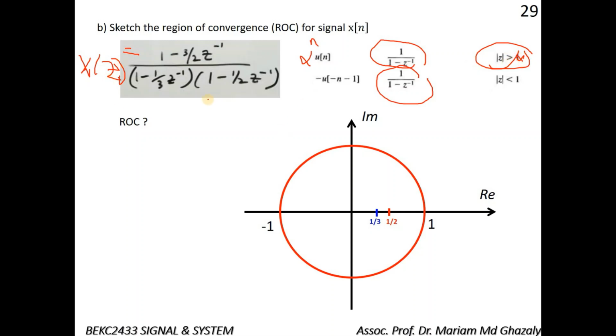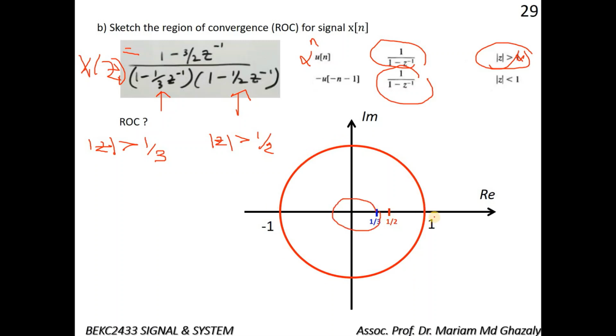For the first one, the ROC is z more than 1 over 3, and the second ROC is z more than 1 over 2. So it means that, okay, sketch the ROC. You have 1 over 3 here.